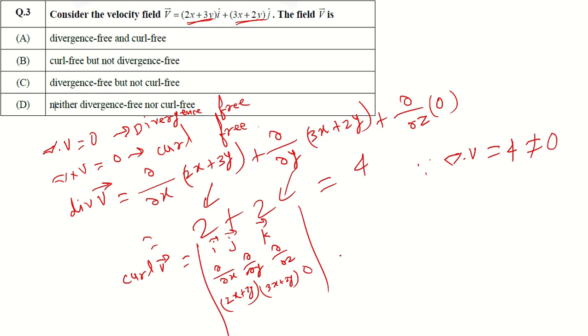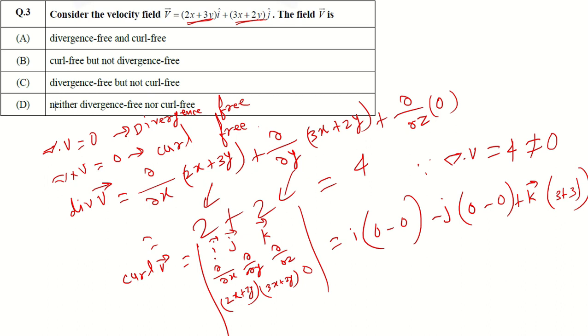Now we will solve this one, how to solve it is very easy. i times 0 minus 0, minus j times 0 minus 0, plus k times 3 minus 3. So curl V is equal to 0k, that is equal to 0.